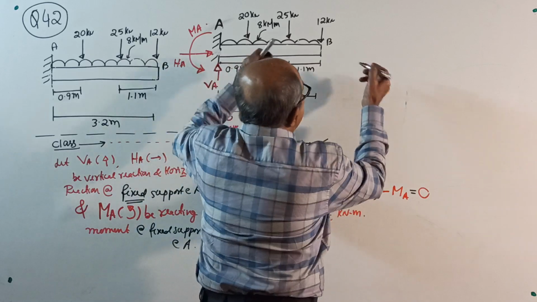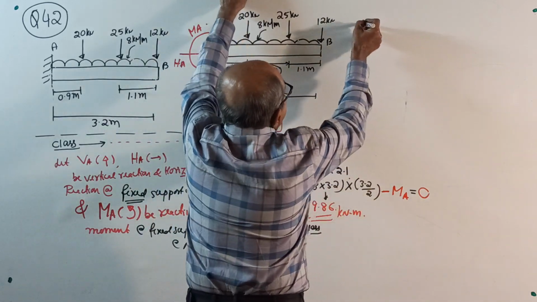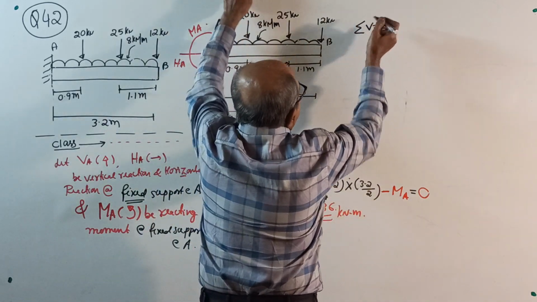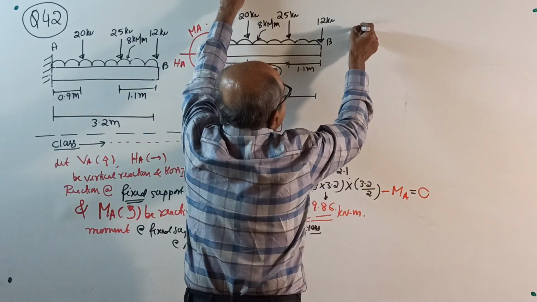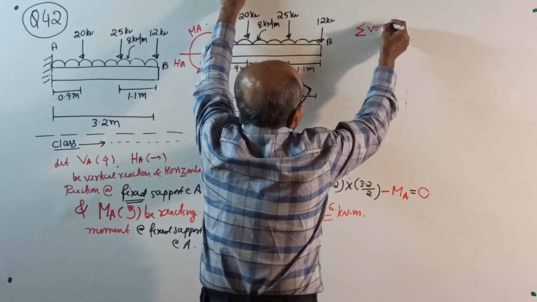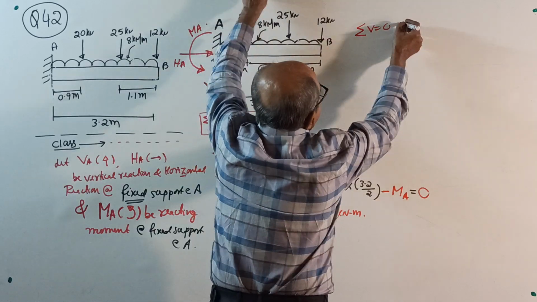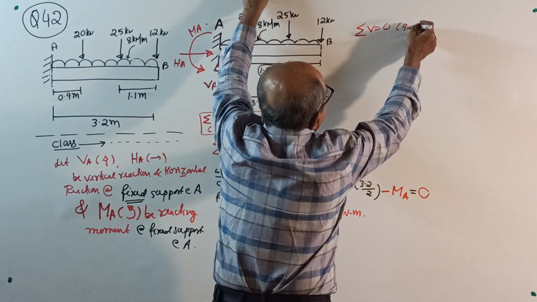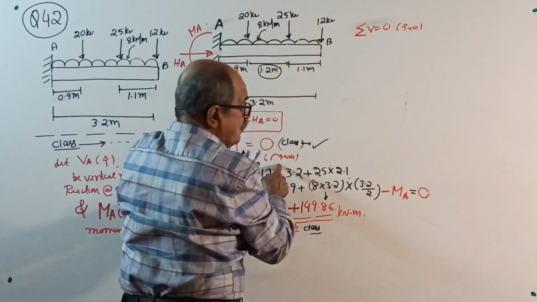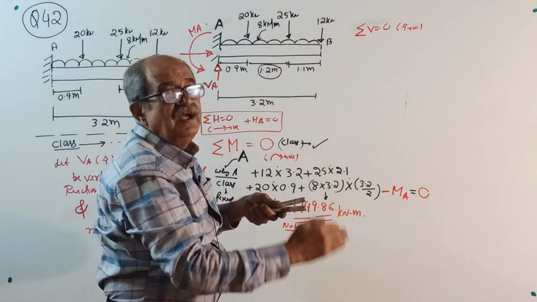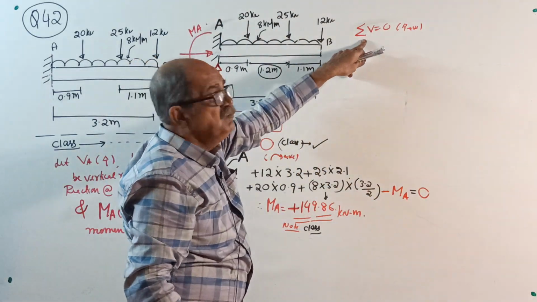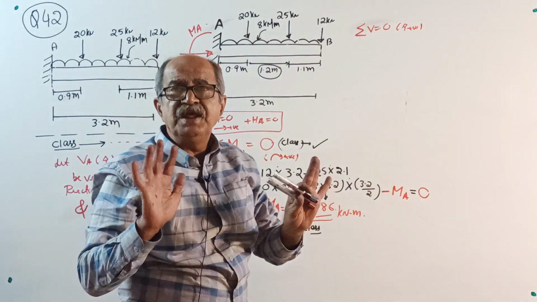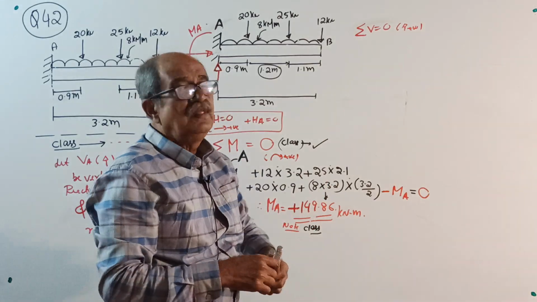Next. Sigma V equal to 0. Equilibrium, I use red color. Sigma V equal to 0, take upward positive. Here it was moment, and moment means load into distance. For MA there is no distance. Now, sigma V equal to 0 has only vertical loading, that's all. So now, no moment.